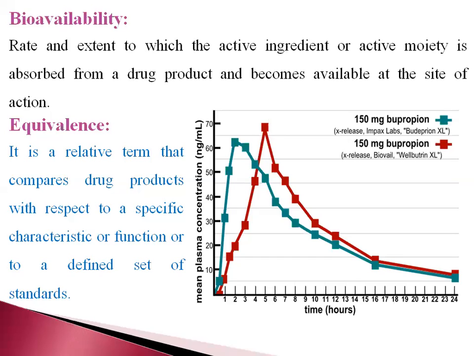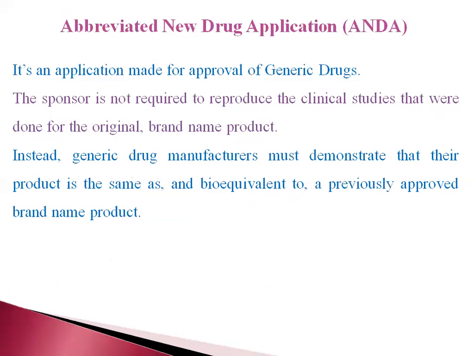That is equivalence. Equivalence with respect to dose, equivalence with respect to bioavailability, equivalence with respect to elimination path. So overall similarity is there with the competitor drug. In that case, we can say the drug has the same bioavailability and bioequivalence.